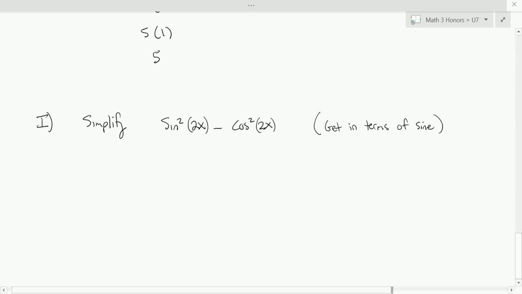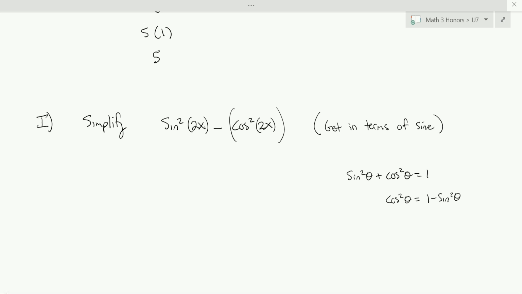So we know the Pythagorean identity sine squared plus cosine squared equals 1, right? And if I solve for cosine squared, what do I get? 1 minus sine squared. So I can replace the cosine squared with 1 minus sine squared. And that gets rid of your cosine and puts it in terms of sine.